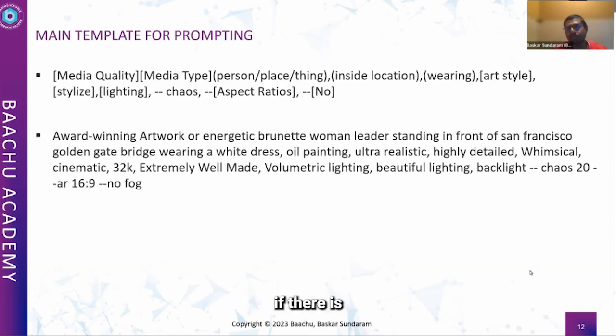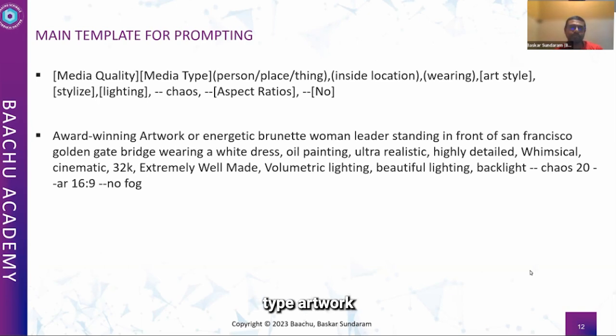And if there is one page that's important for you in this whole slide, it is this one. So you are going to use this as a template. You have to give it a name. First one is media quality. What's the quality of the image that you're looking at? In this case, it's award-winning.